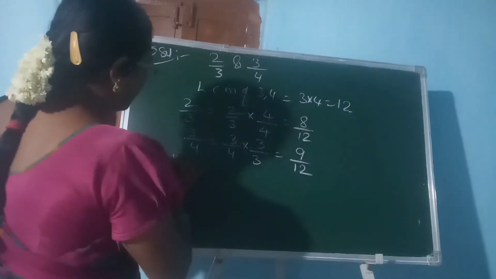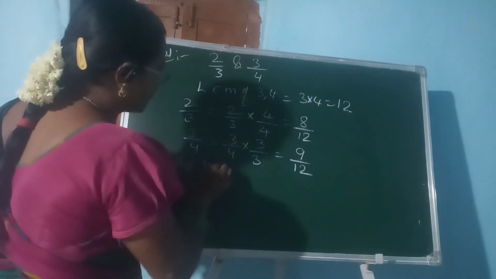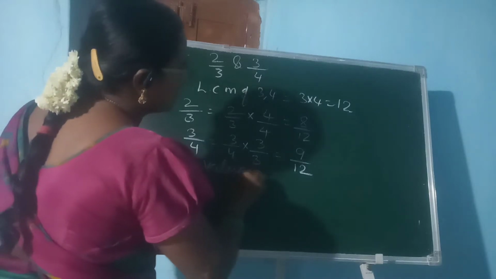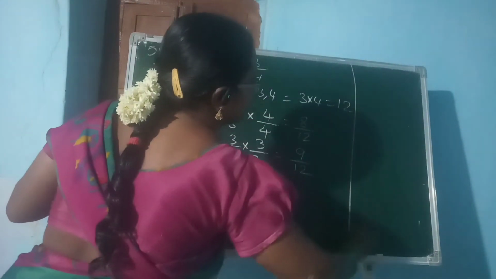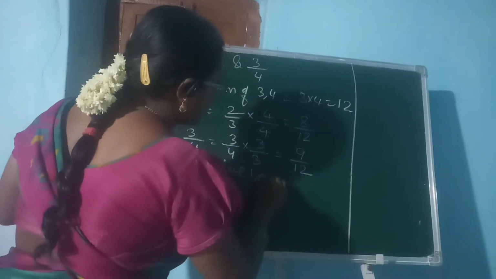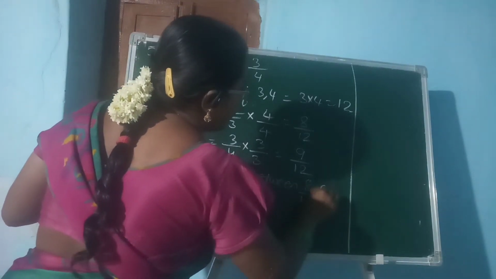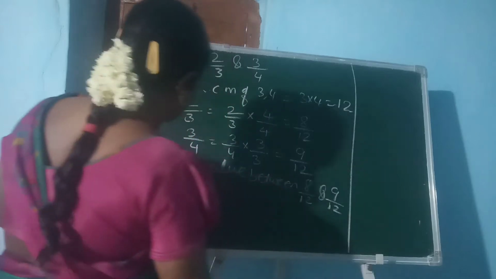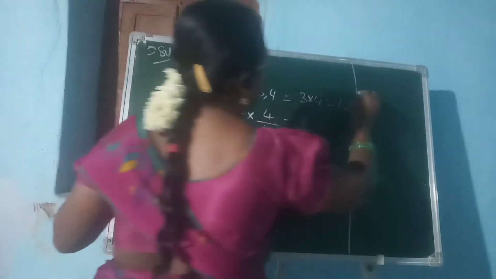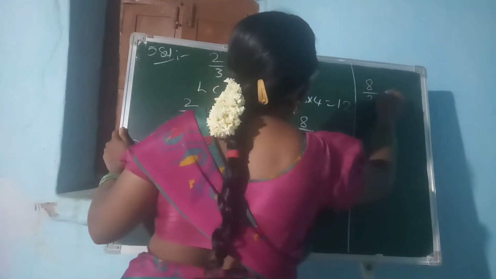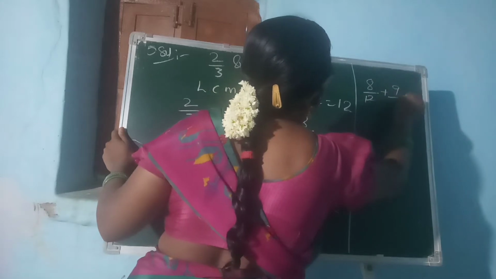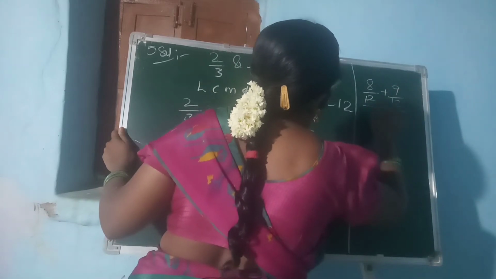So the value between 8 by 12 and 9 by 12 is (8 by 12 plus 9 by 12) by 2.